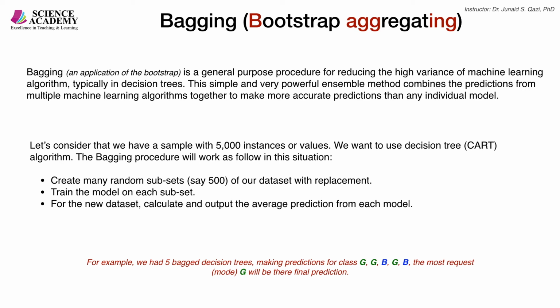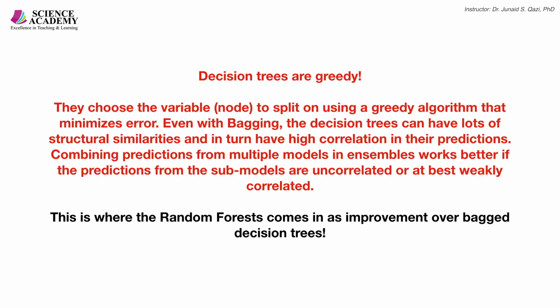After that, it trains the model on each subset. For the new dataset, it then calculates and outputs the average prediction from each model. For example, we had 5 bagged decision trees, making predictions for a class G, G, B, G, and B. The most requested, or mode, is G, and that will be the final prediction.